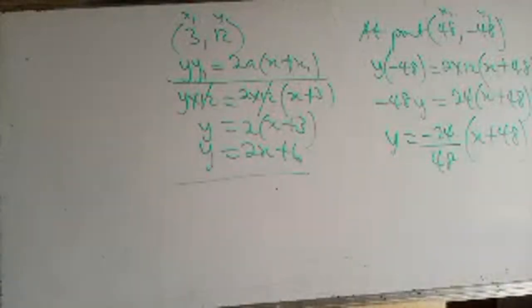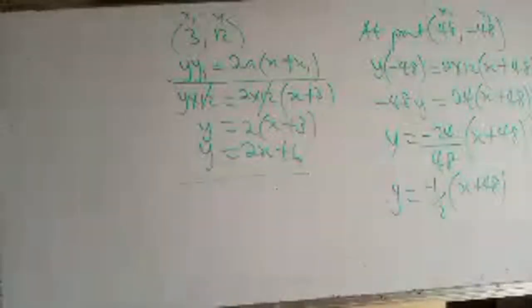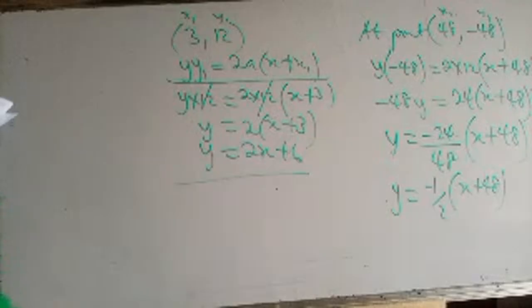Don't be confused, please. I divide through by minus 48, since this is already in brackets: 24 over minus 48. So y equals minus half times (x plus 48). This is the equation of that particular tangent at the point (48, -48).